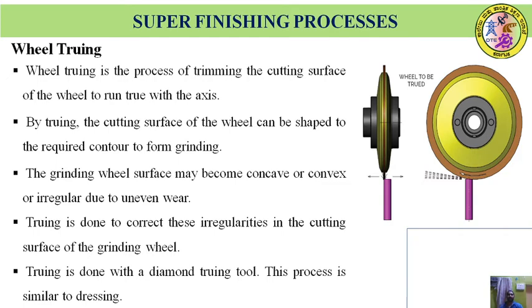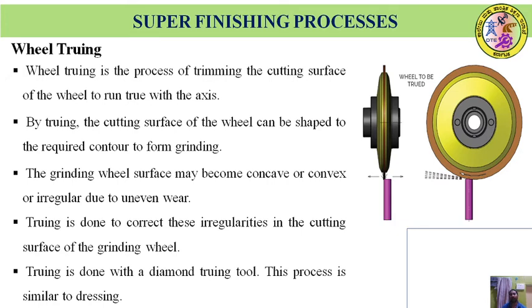So why is this wheel turning required? By the continuous grinding operation, the grinding wheel may have got a different shape other than the cylindrical one. It has got an oval shape because of continuous grinding. Because of the wear from continuous grinding, the wheel will wear out and get an oval shape.